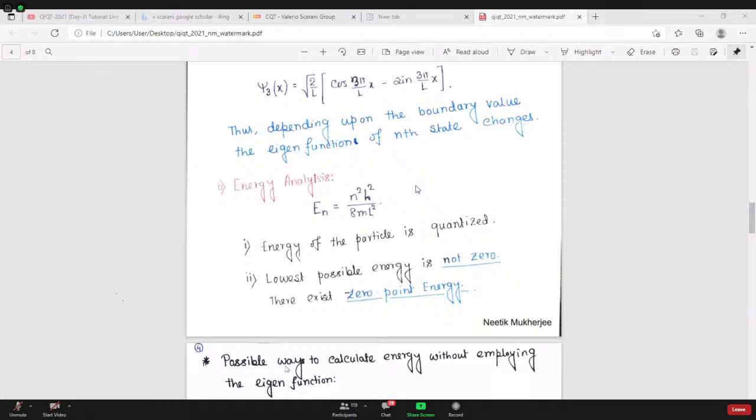Because n is in the form of a square, so if you choose 1 or minus 1, it will not affect your energy. What will you choose? Can you answer? Integer. It will be positive only. So integral values of n. But my question is whether it will always be positive, or always be negative, or both positive and negative.